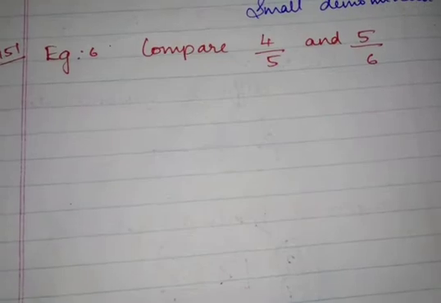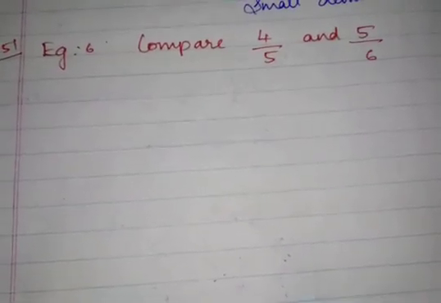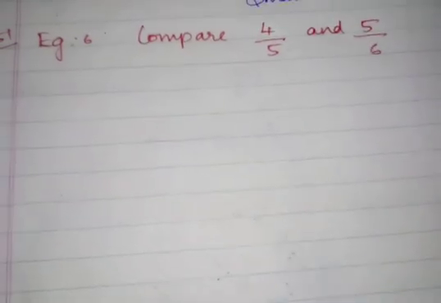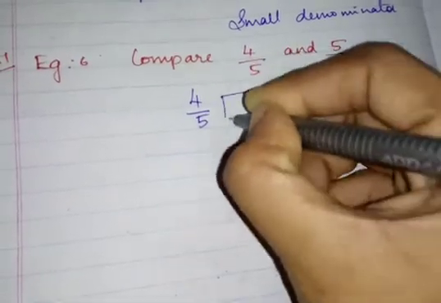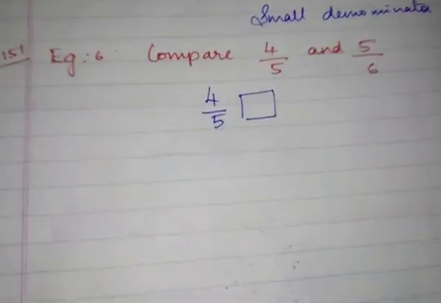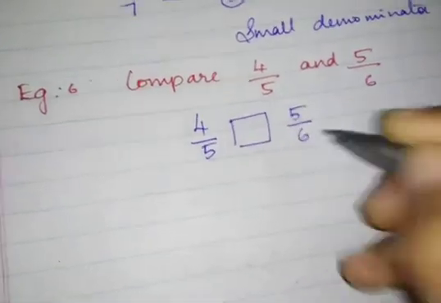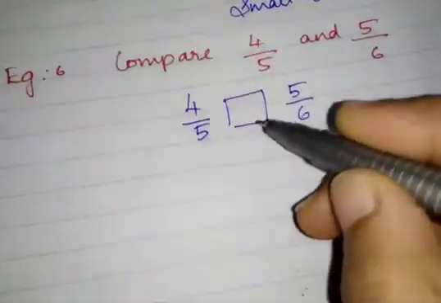Compare 4 by 5 and 5 by 6. If they ask you like this, you can write 4 by 5 and 5 by 6 with a box between them, so it will be more convenient for you to proceed.